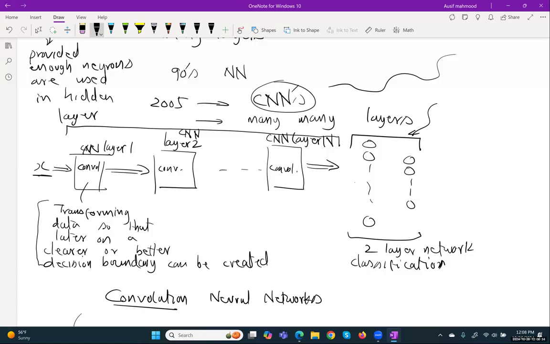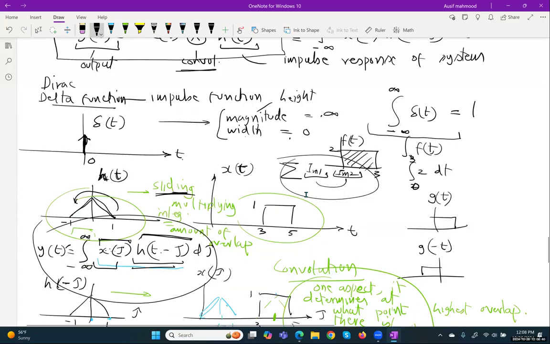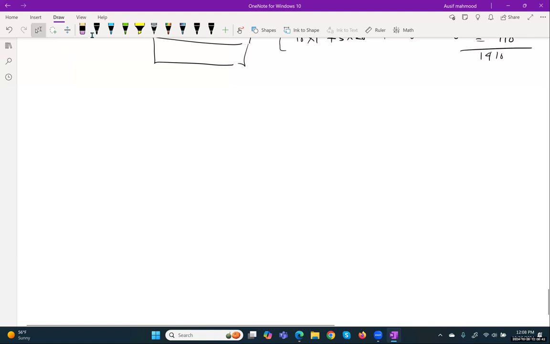But depending upon what the two things are that we are doing the convolution with, let me sidetrack and give you one more example. Let's take a look at stock market data.